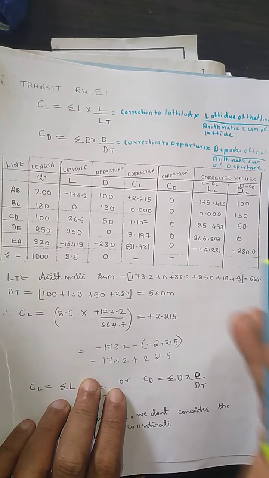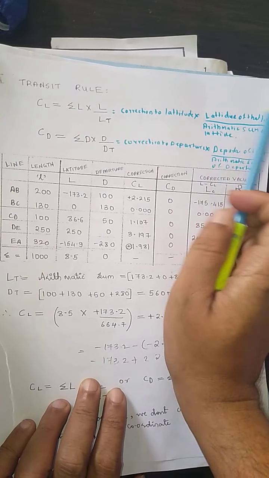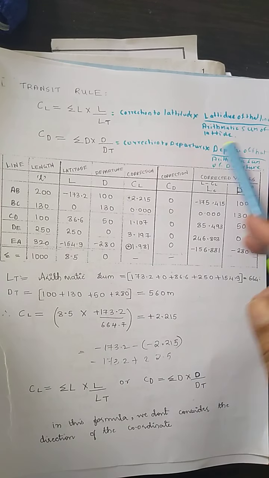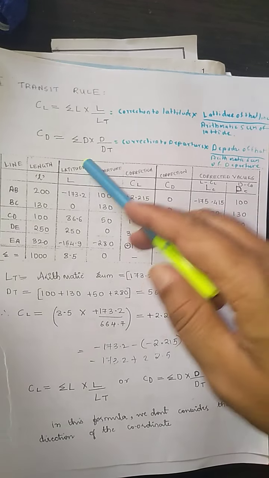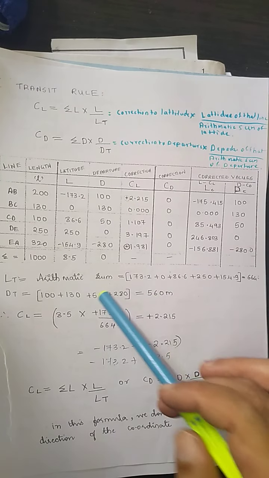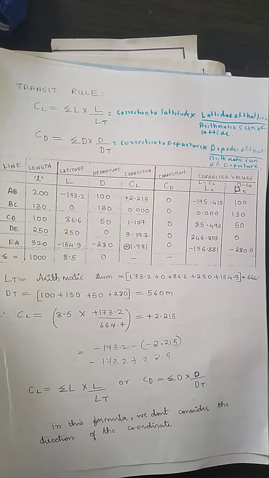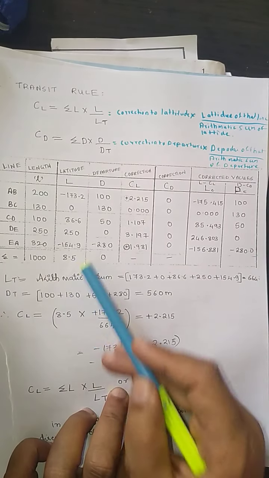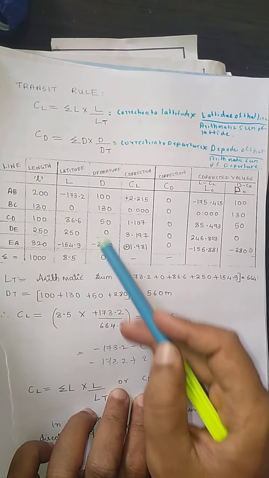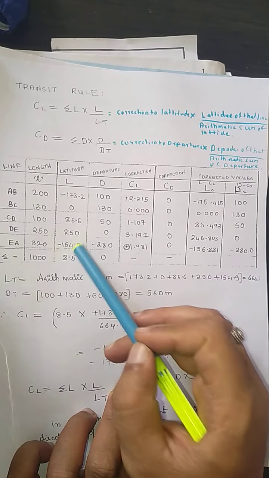In the transit rule we take the arithmetic sums of latitude or departure as positive. Okay, so we have found this is 8.5 and again 0, so we found that this requires a correction.